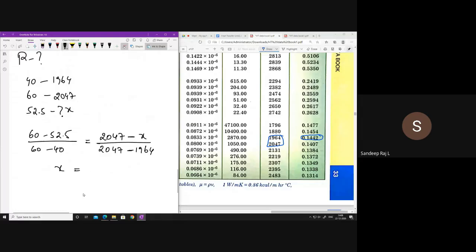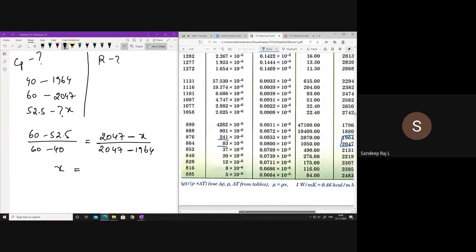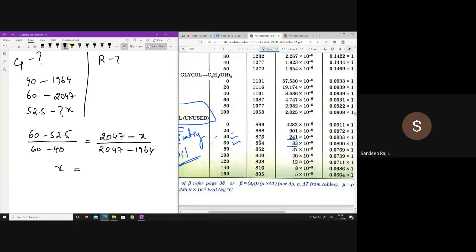To get the value of x here for rho. Similarly, for, sorry, this is for Cp, right? The rho I will write here. Rho is this one.